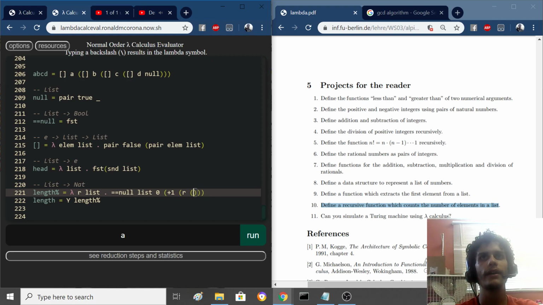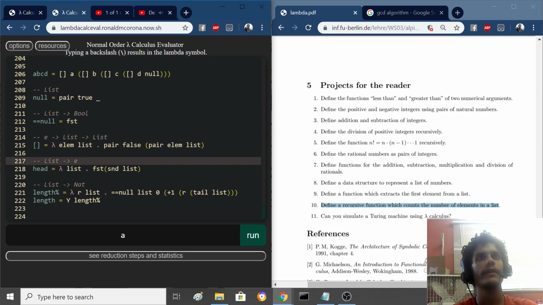So we want the tail of the list, which we don't have defined yet, but we will. Okay, tail list. So tail is a function that takes a list and returns yet another list.